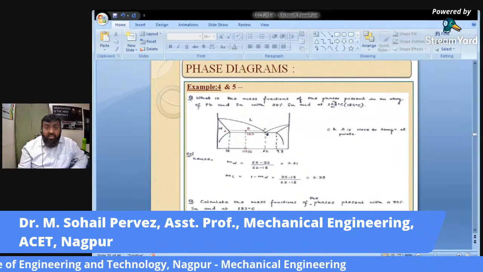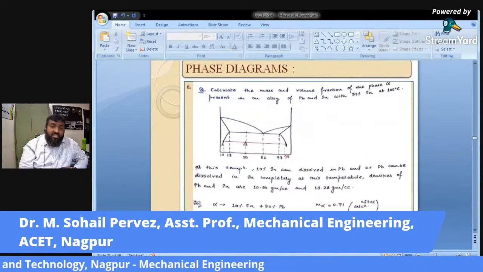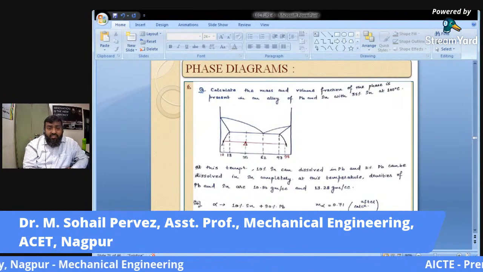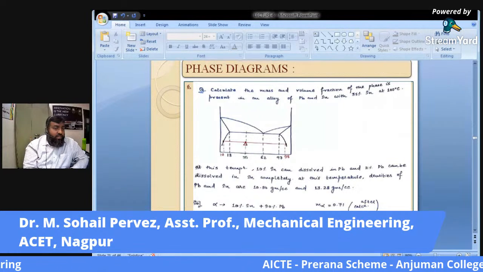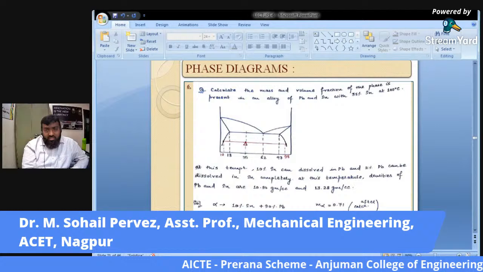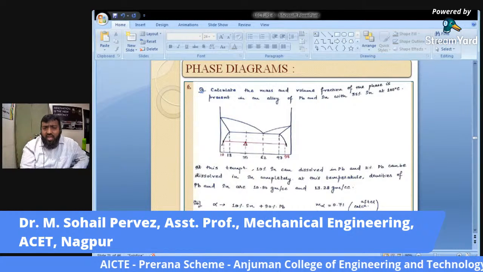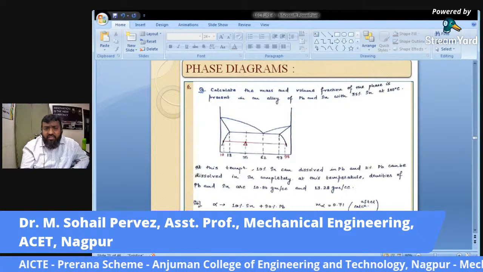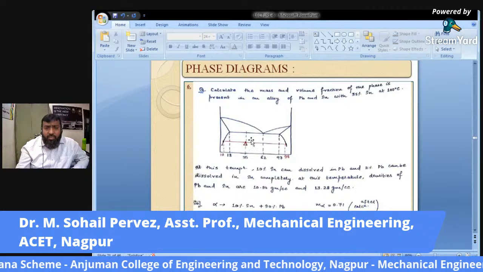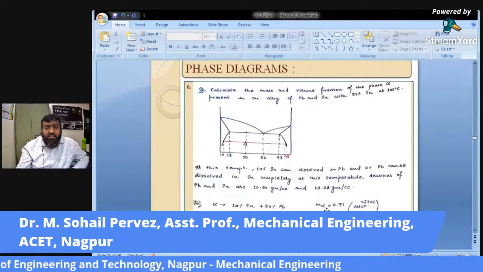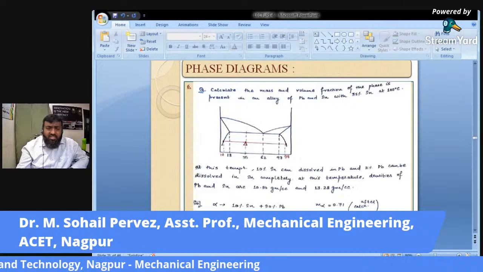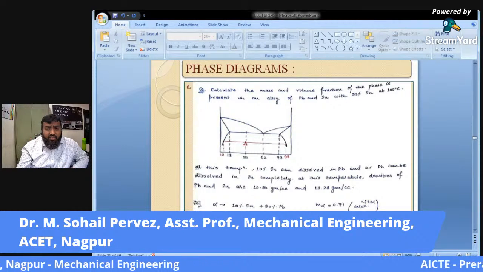Now this is the question wherein we have been given the densities of Pb and Sn also. Although this question is not generally asked, we have dealt with it. Depending upon this diagram, we can calculate W alpha or M alpha, W beta or M beta. After calculation you can get it; I have directly given the answers.